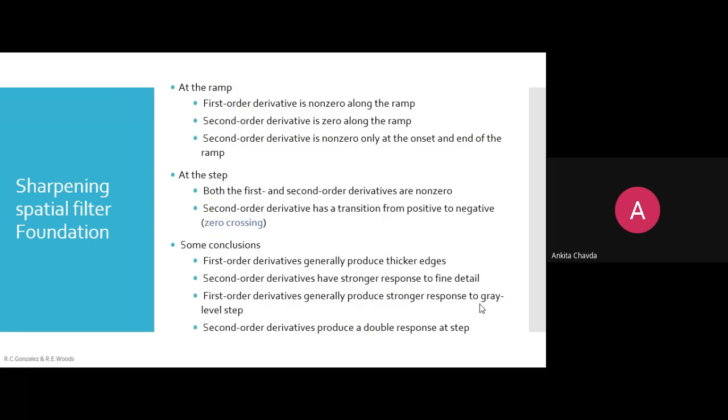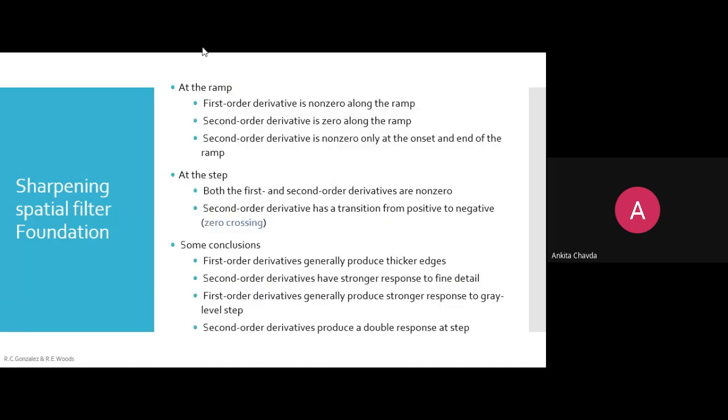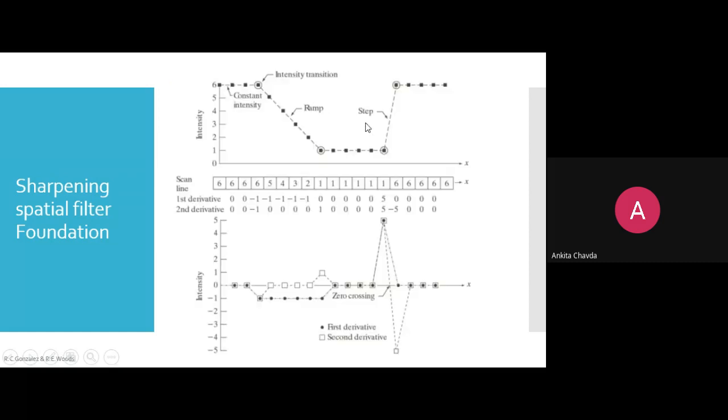Now they are simply explaining what we are doing in this sharpening spatial filter. At the ramp, first order derivative is non-zero along with the ramp, right? That's what we have simply observed from the graph. Then second derivative is zero along with the ramp. That's what we have seen, right?